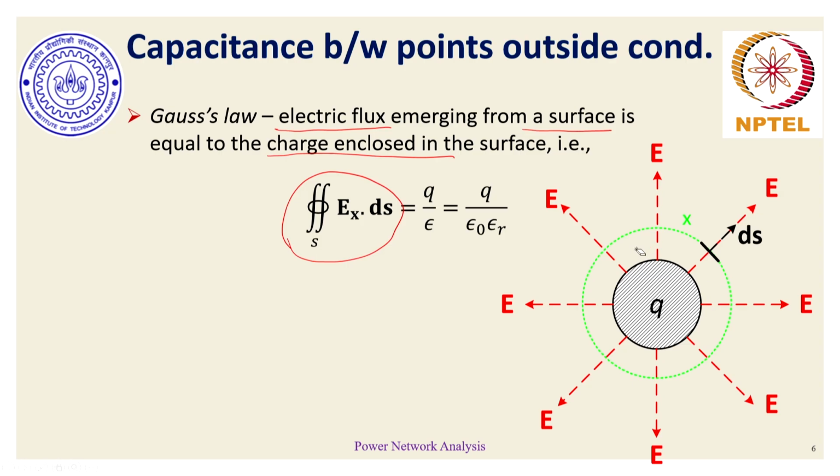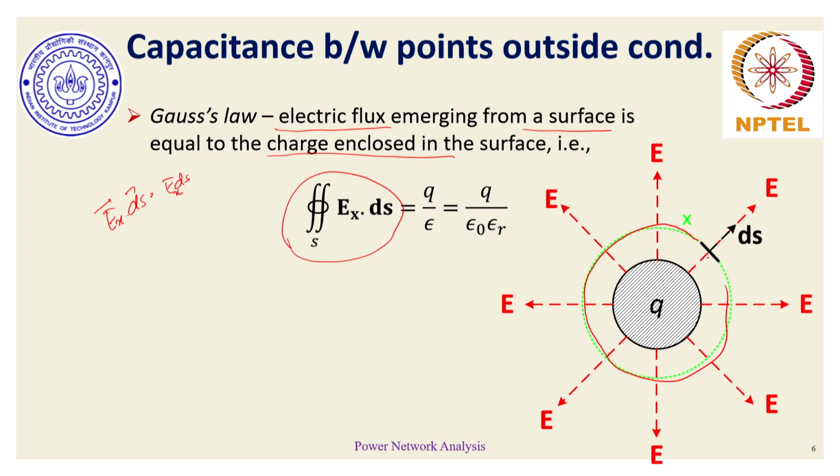So with this, since Ex dot ds is nothing but E into ds simply, and E being uniform, or E of x to be precise, E of x is uniform at any point I take along this cylindrical surface of radius x.